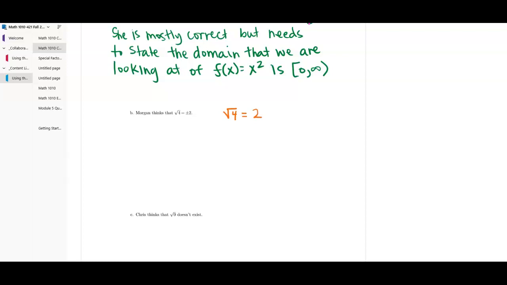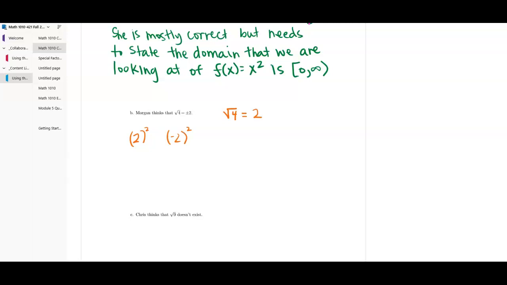But I think it was Haley that was saying, if I take 2 and square it, I get 4, and if I take negative 2 and square it, I get 4.